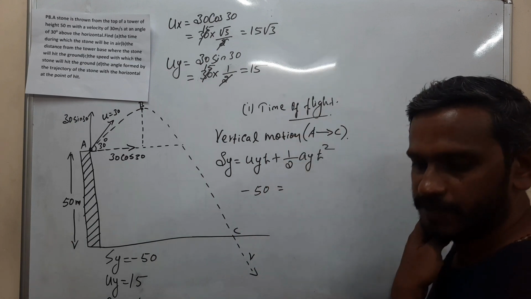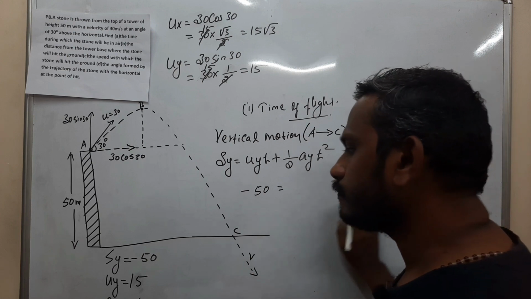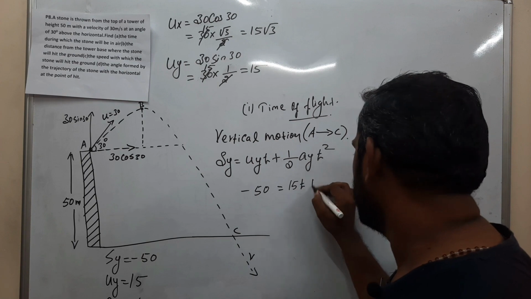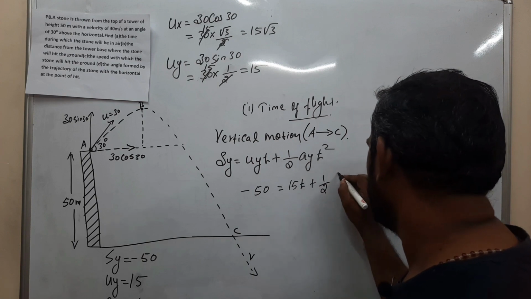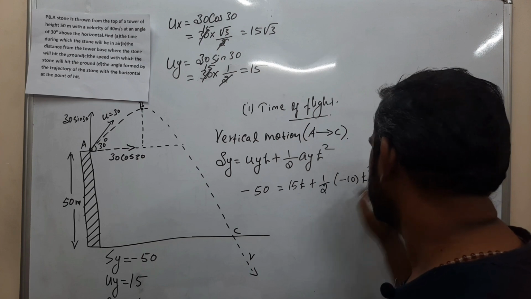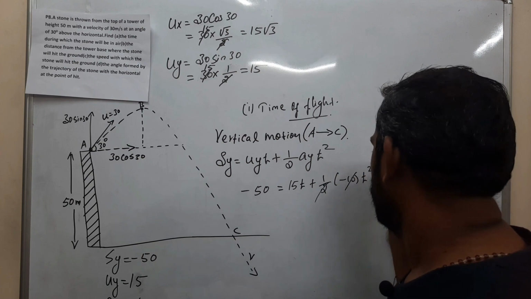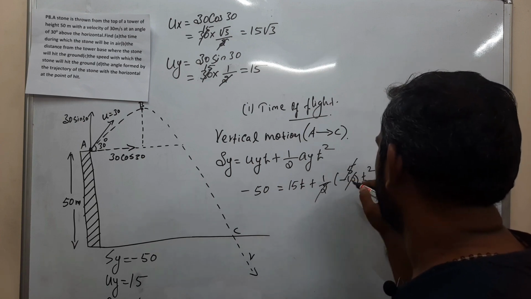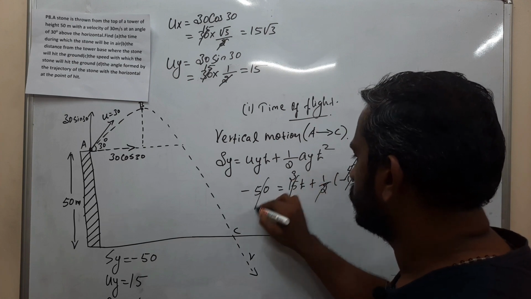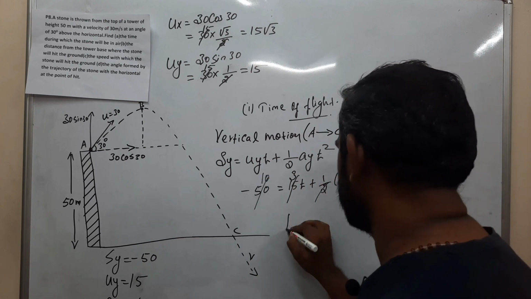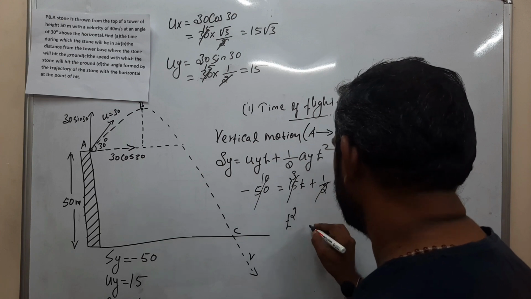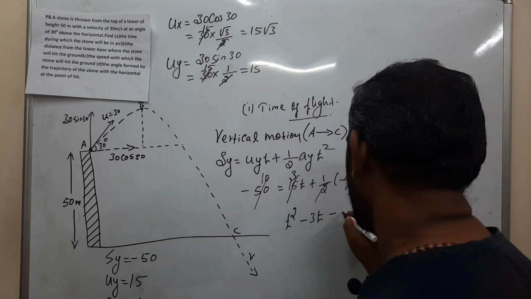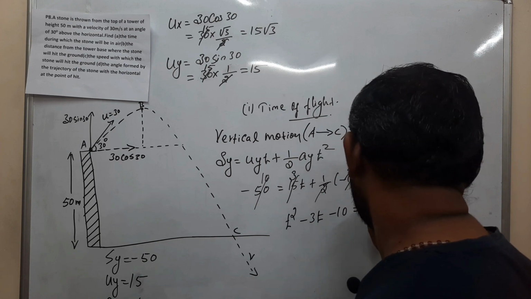Minus 50 is equal to 15t plus half into ay, that is minus 10 into t square. So cancelling 5 throughout the equation, I am writing this: t square minus 3t minus 10 is equal to 0.